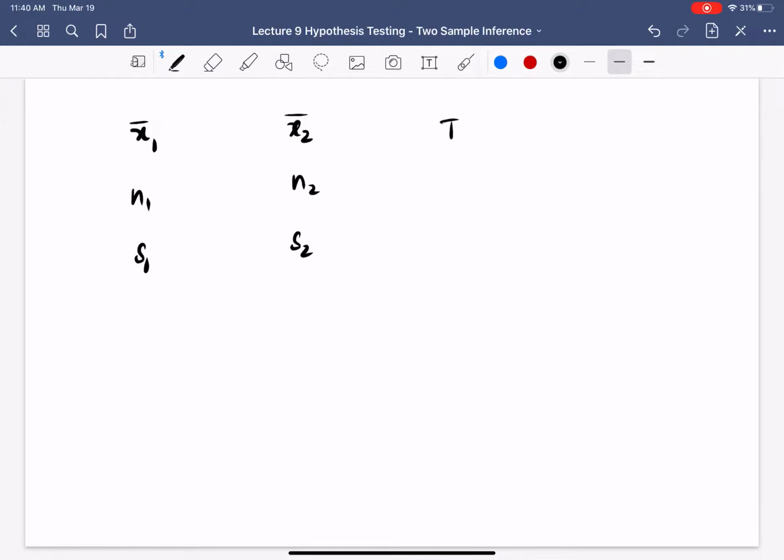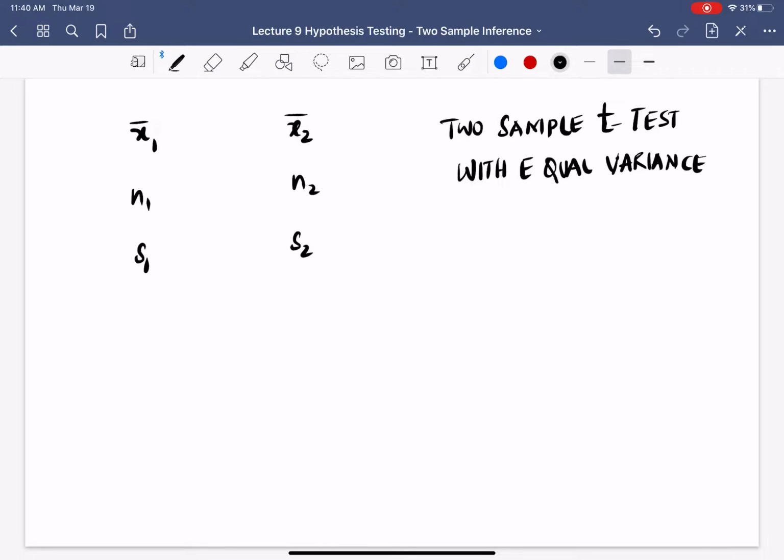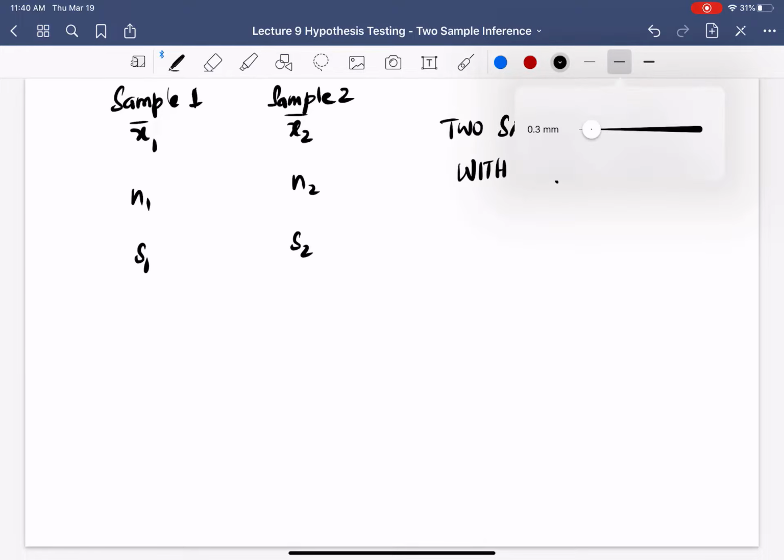So here we are doing a 2-sample t-test with equal variance. So this is the sample 1 data and this is the sample 2 data.